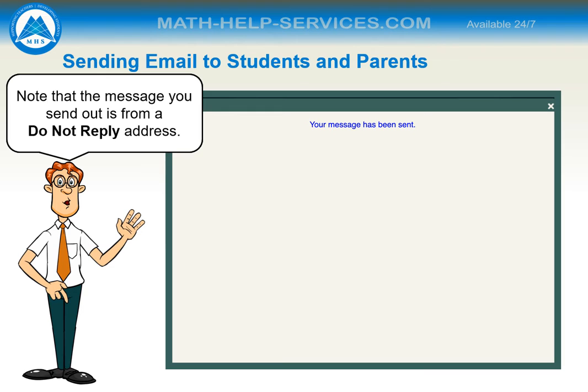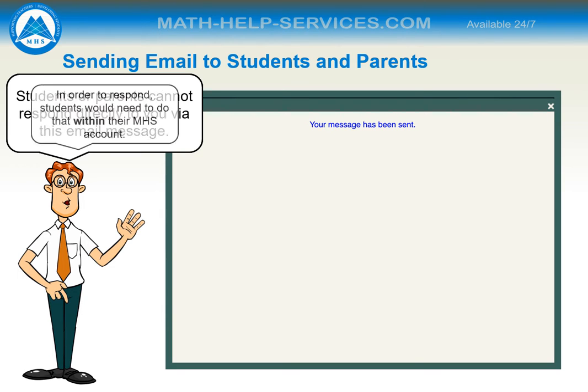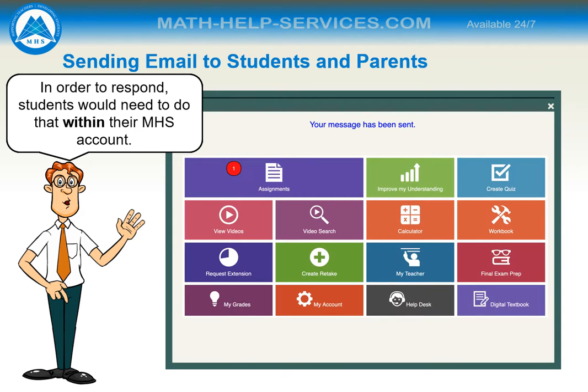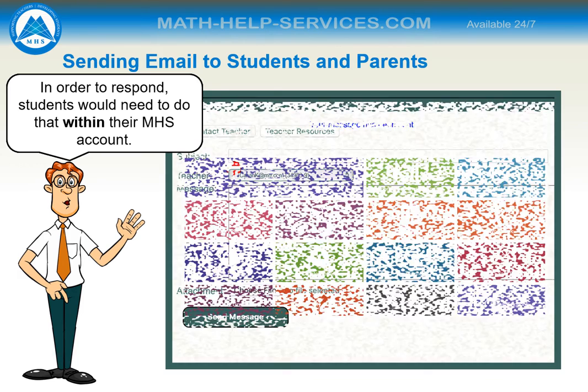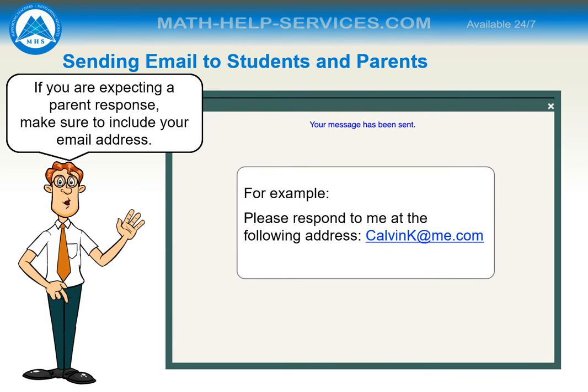Note that the message you send out is from a Do Not Reply address. Students or parents cannot respond directly to you via this email message. In order to respond, students would need to do that within their MHS account. If you are expecting a parent response, make sure to include your email address.